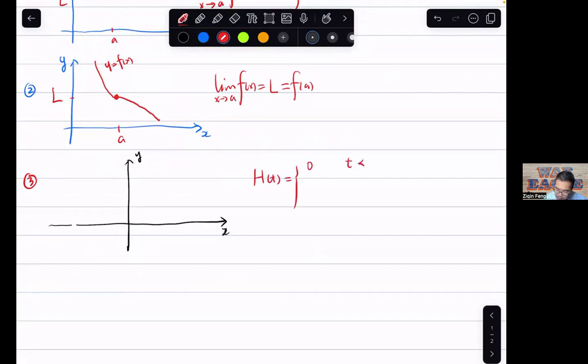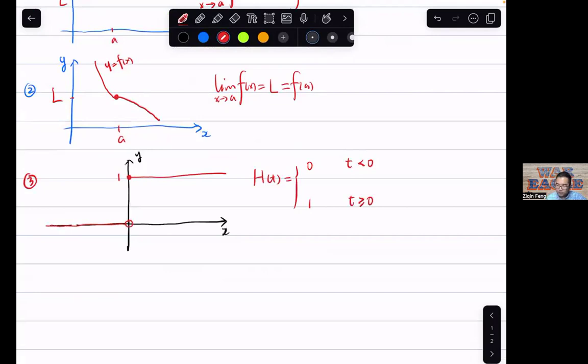If you try to sketch this function on the right side of 0, the function is always 1. This is 1 here. This is a solid dot because h of 0 equals 1. So the function looks like this on the right side, and like this on the left side.